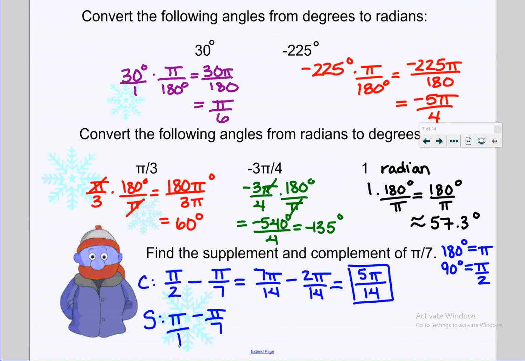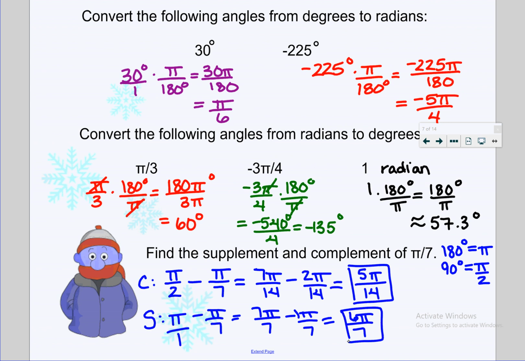Common denominator is 7. So I have 7 pi over 7 minus pi over 7, minus 1 pi over 7. So if I have 7 pi's and I take away 1 pi, how many pi's am I left with? 6 pi's over 7. That is our supplement.